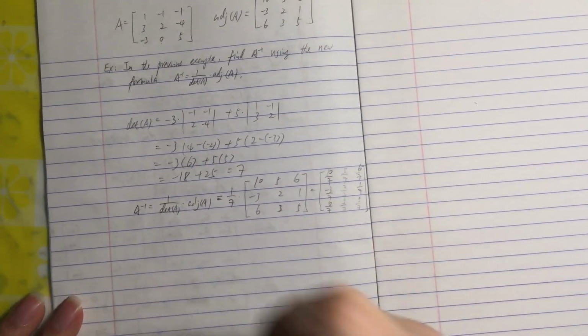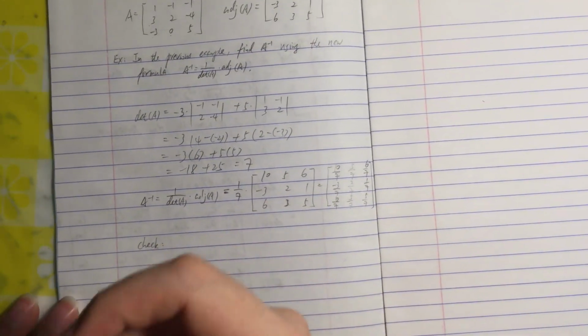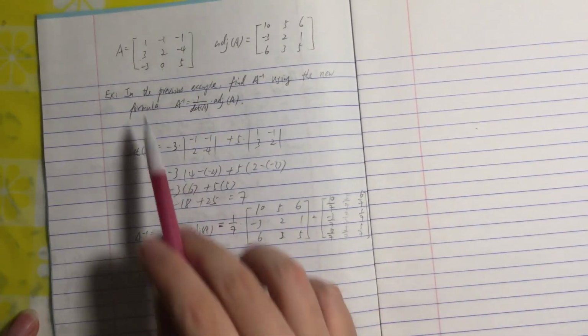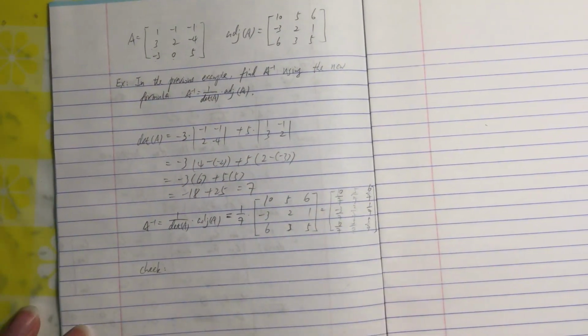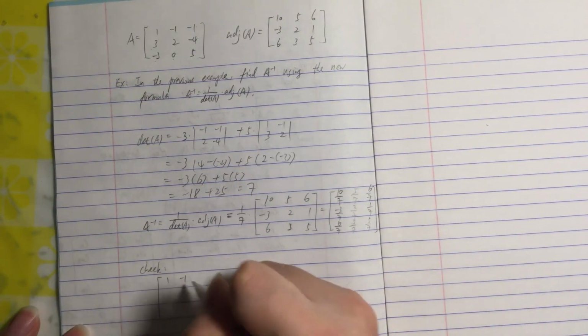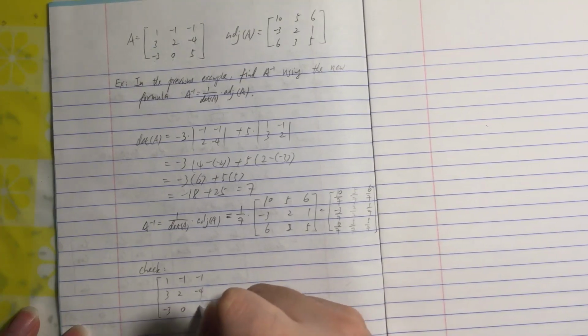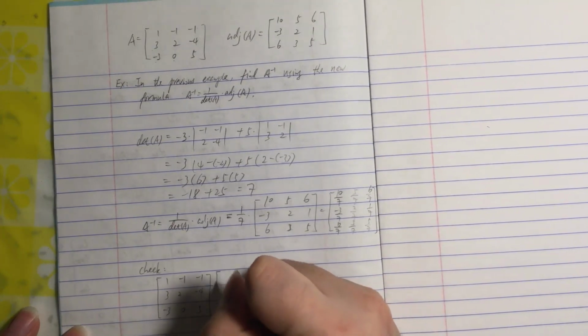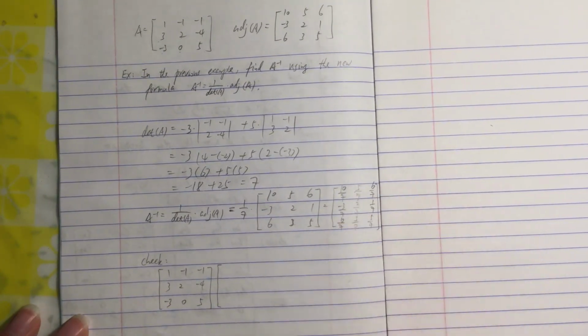How can we check the answer? If we want to check the answer, we take A times inverse of A. We must get an identity matrix. So let's check the answer. If I take matrix A, 1, negative 1, negative 1, 3, 2, negative 4, negative 3, 0, 5, times the inverse matrix, I must get an identity matrix.